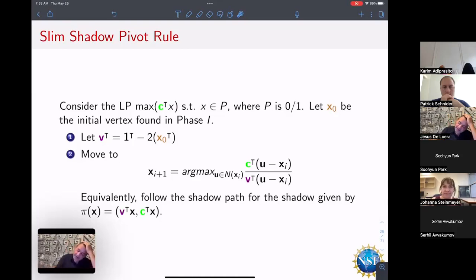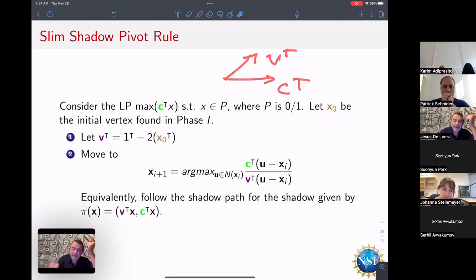So I start at an initial vertex x0. That's one initial vertex on my polytope. Okay. And then instead of taking a random or generic second objective function, because remember we had the objective function c, and then we had to choose this extra objective function b, right?